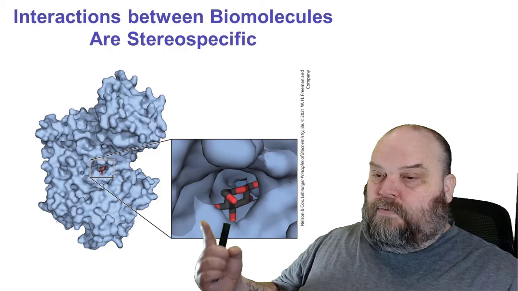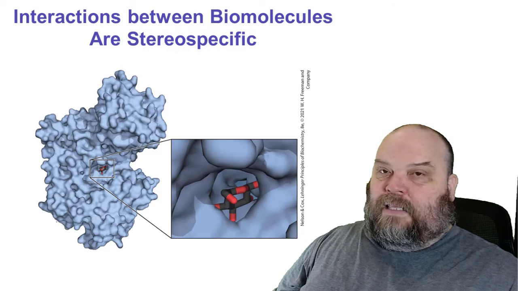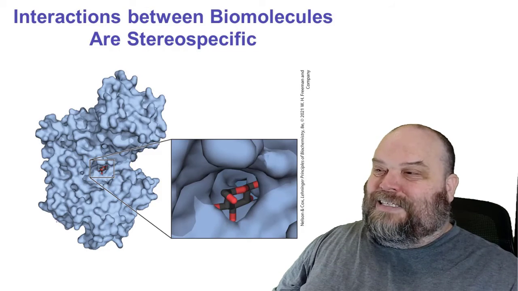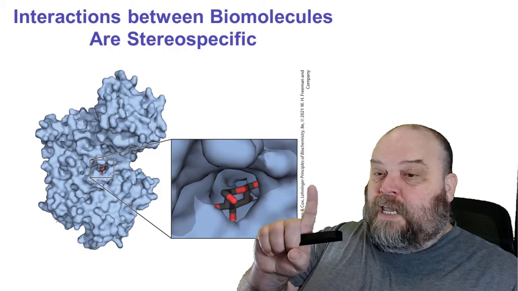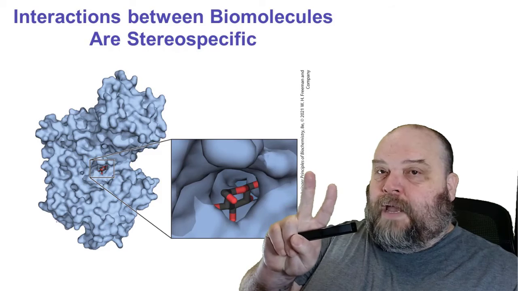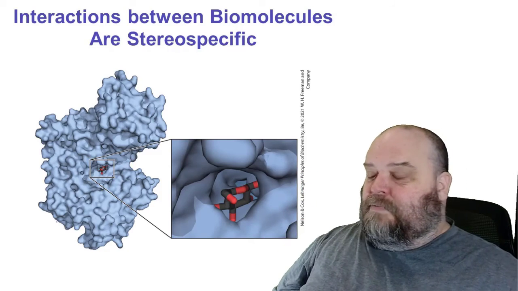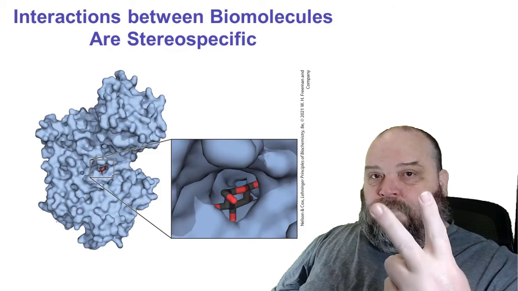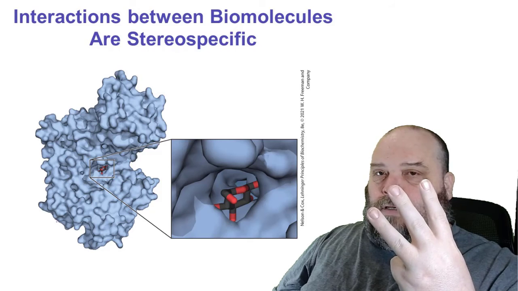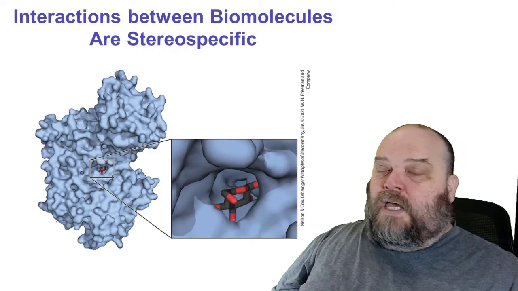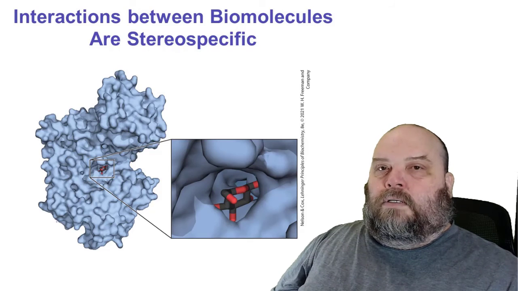And you notice up there, that little red and black is the substrate. That substrate has to have a specific shape, not only to fit in, but to interact with the amino acid R groups in the active site. So it fits in, it interacts with the R groups, and then causes that induced fit, the conformational change of the enzyme.